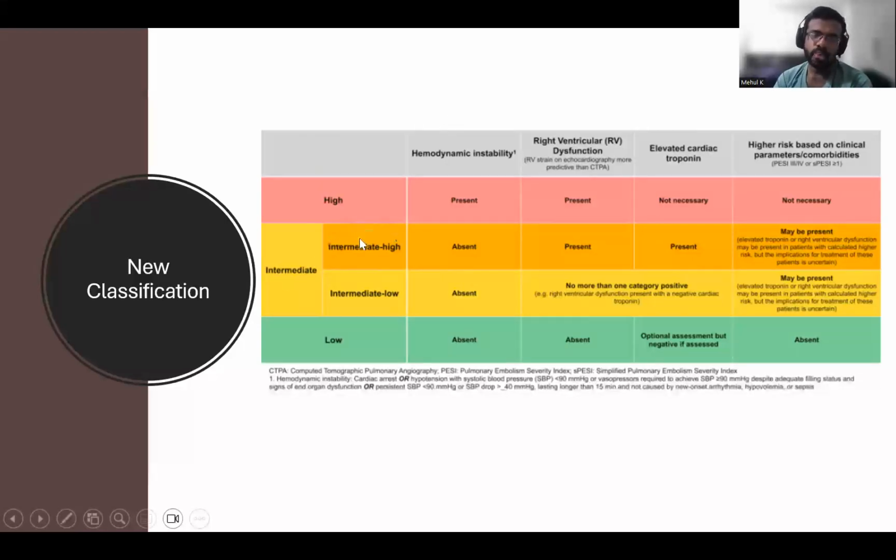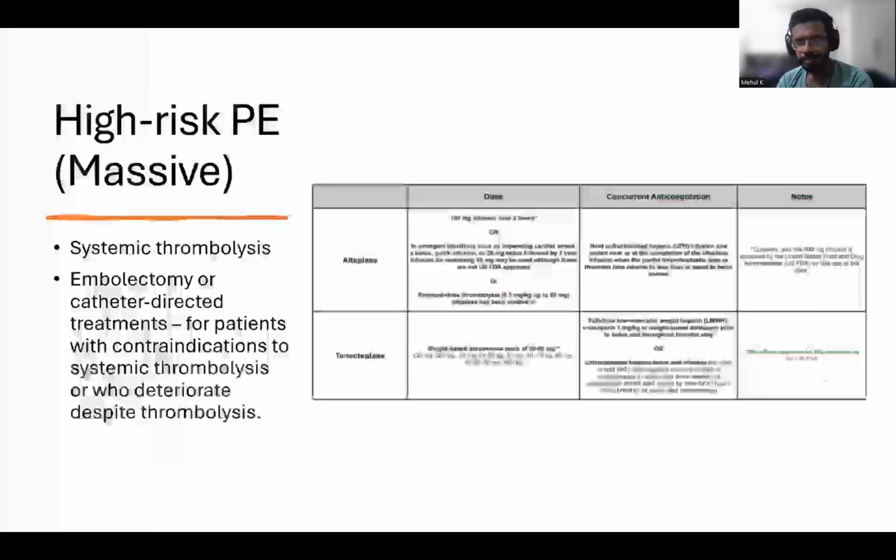The patients who are intermediate high risk are probably the set of patients who are going to need a thrombolytic in the near future, even though hemodynamic instability is not present. So it will help. The article doesn't recommend that you straight away treat all of these patients with thrombolytics, but this is something that you should keep in mind with this classification.